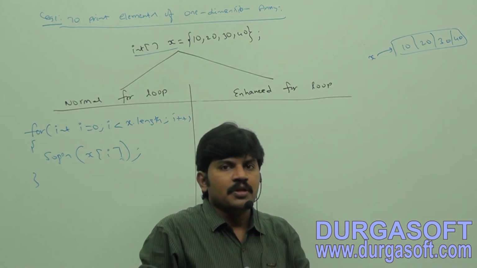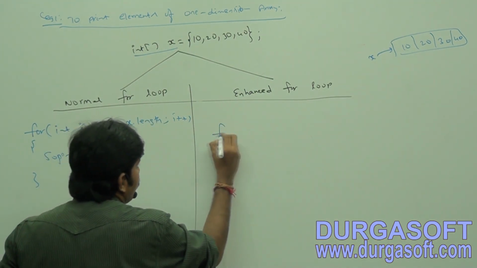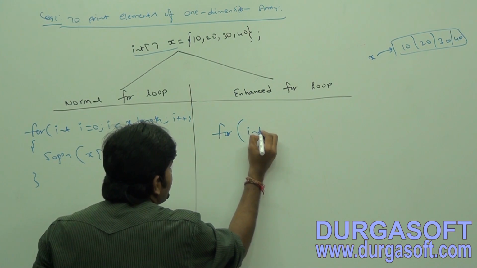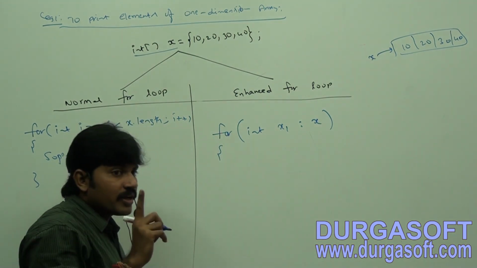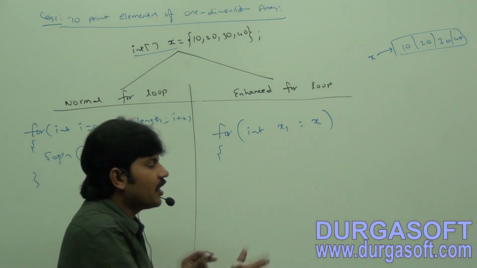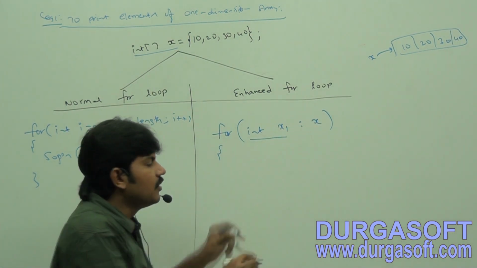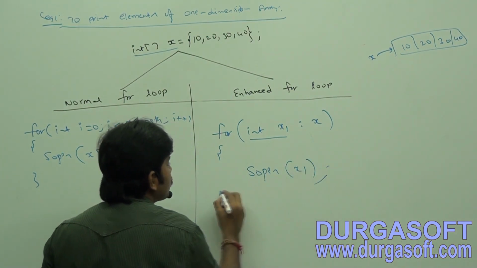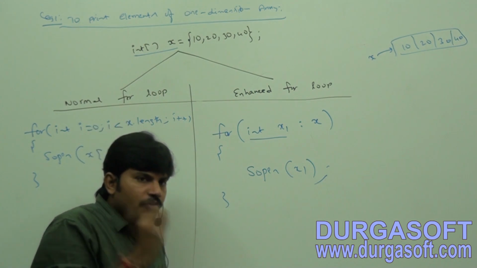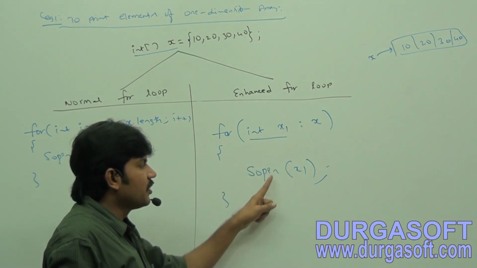Now observe: for each int value x1 in x. So that is why the word for each loop. For each int value x1 in x, can you please print that x1 value? For every int value x1 in x, print that.